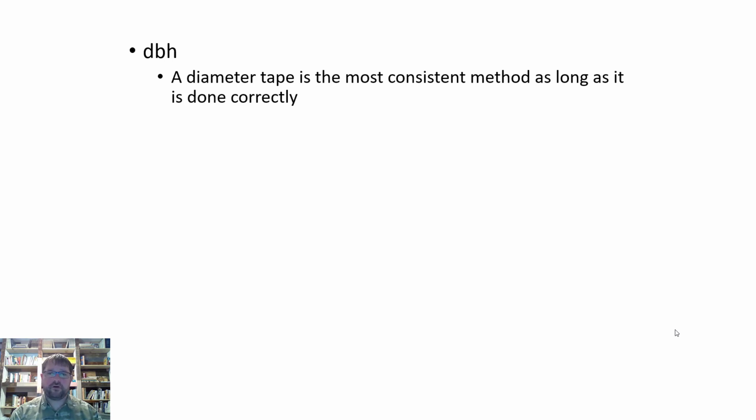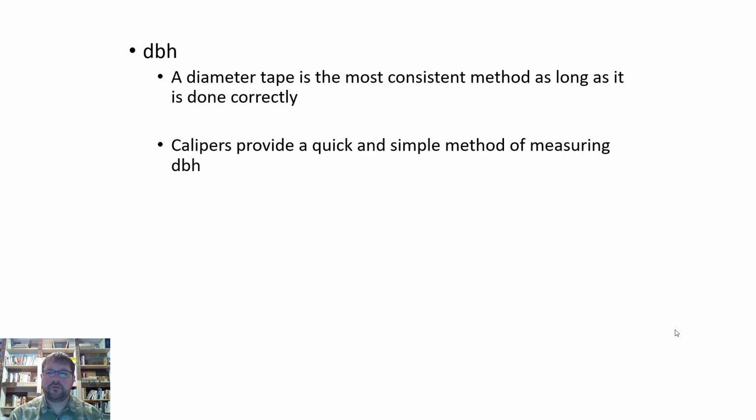If the DBH is done sloppy, or an individual doesn't know how to do it, is not taking it at 4.5 feet, or if you have irregular trees, then the method is not very good. As long as you follow the instructions and follow the consistency of the method, DBH is a great piece of data to have as a manager.